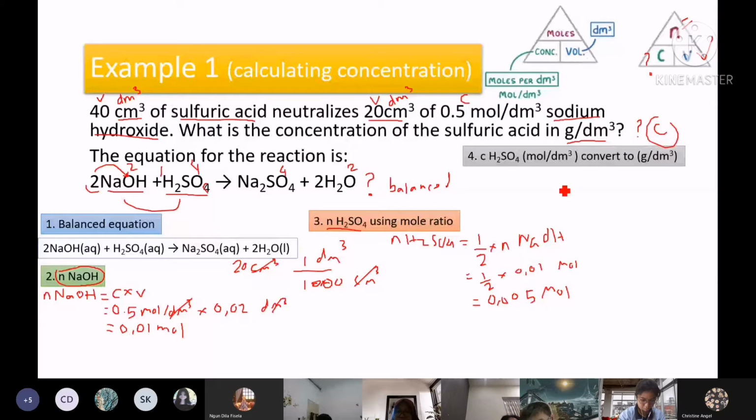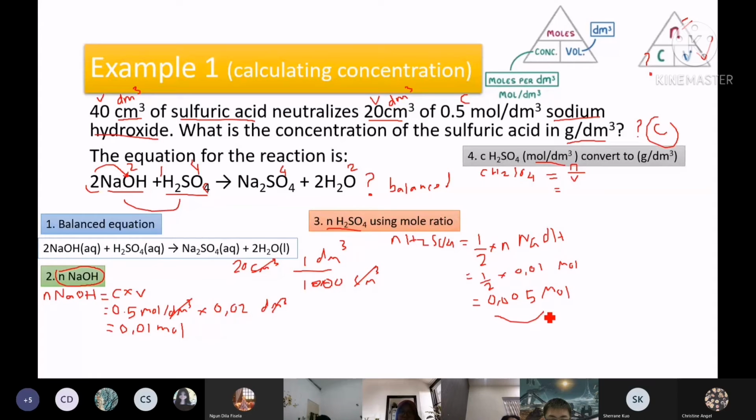And then go next to find the concentration of sulfuric acid, H2SO4, in mole per dm cube. We find it first, because we use mole and volume. The equation is mole over volume, right? What is the mole of sulfuric acid?